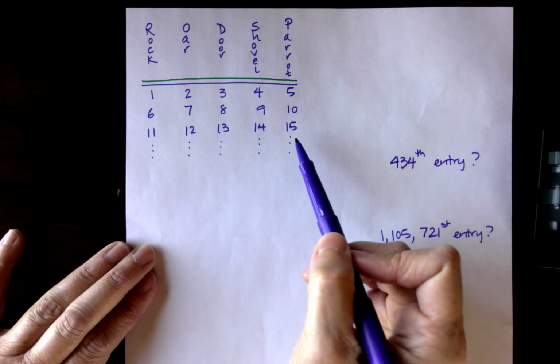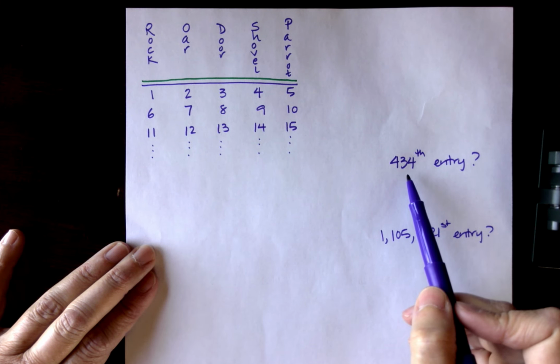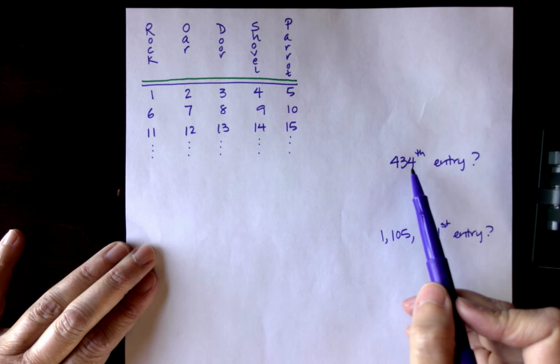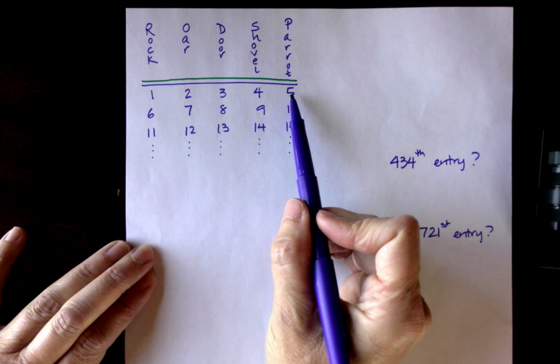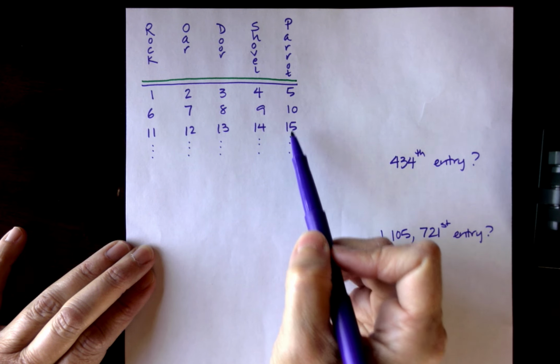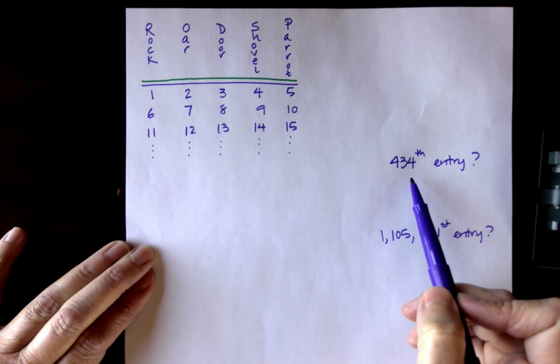And if we can find an entry in our sequence close to 434 that is a multiple of 5, then we could build up to this 434th entry. So you might notice that multiples of 5 end in either 5 or 0. So 434, the multiple of 5 that is closest to it but less than it would be 430.